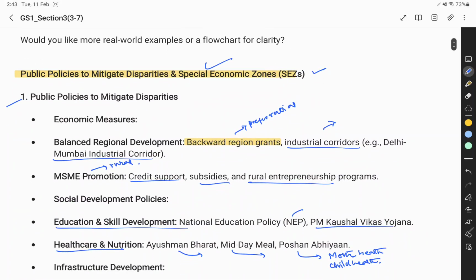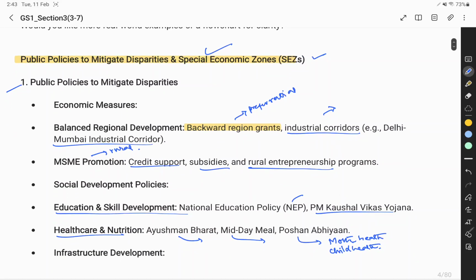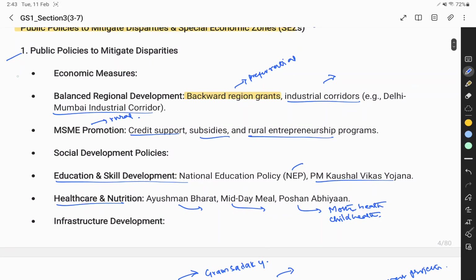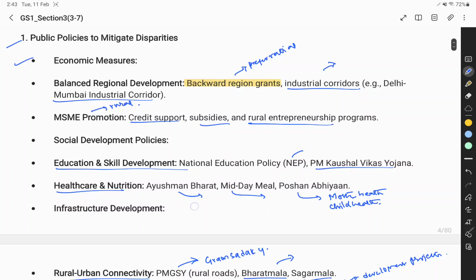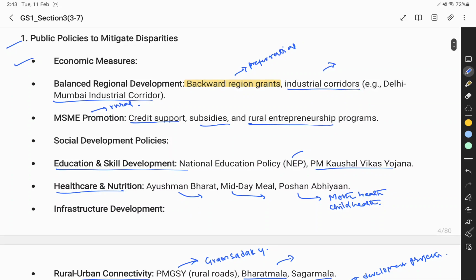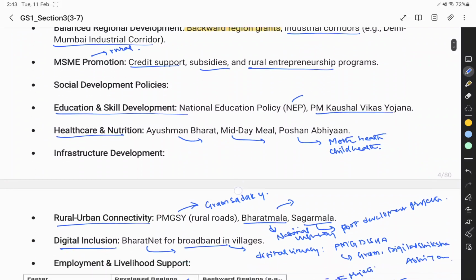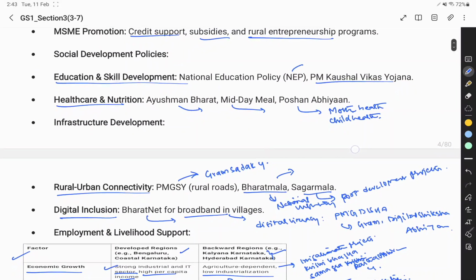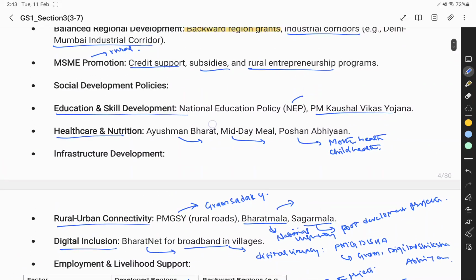SEZs or special economic zones are implemented in India as economic measures in order to balance regional development, promote exports and bring job opportunities.